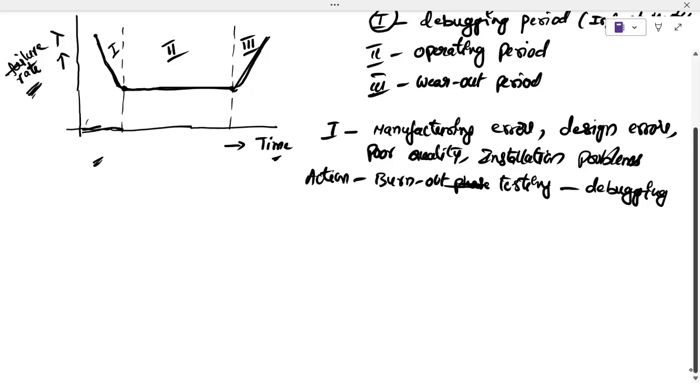And the second phase is the operating phase. Basically failures are low and almost constant. So this period is nothing but the operating or normal period.